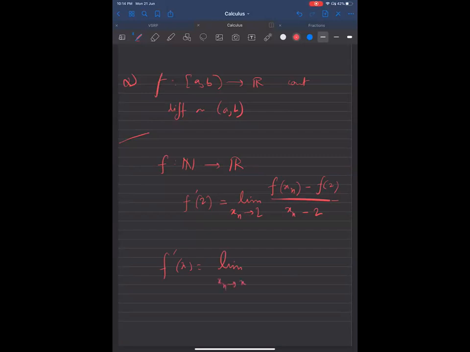And what is the limit? x_n converges to x, of (f(x_n) minus f(x)) divided by (x_n minus x). So now suppose x is a point where there is no sequence x_n converging to x. There is no sequence at all which converges to x. So then what is the value of the limit?